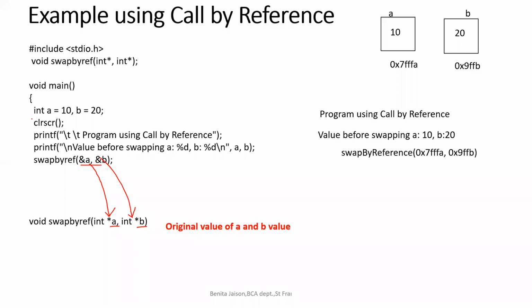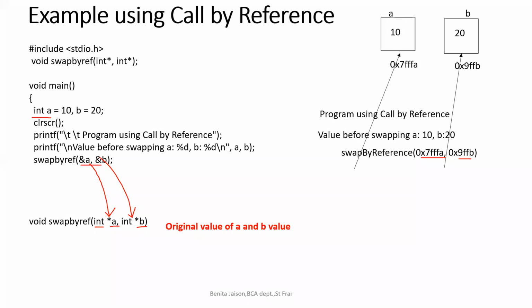As we are passing the address of an integer variable, we should declare it as an integer pointer, right? So calling is done using address, and in the function definition we will be accepting with a pointer variable. So these two will be having the address of A and B, right?